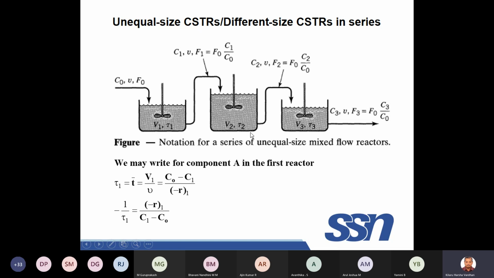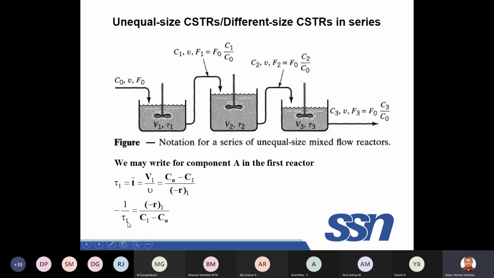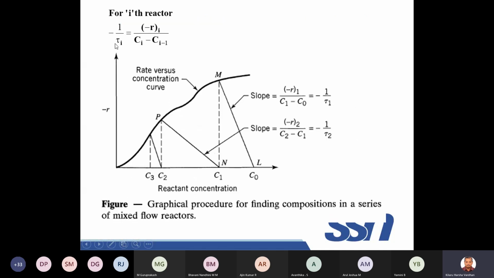Like that you do a material balance for the second reactor and the third reactor. For the ith reactor, since we wrote it here for tau 1, the same holds for all the reactors. Therefore, we can generalize for the ith reactor: minus 1 by tau i is minus Ri divided by Ci minus Ci minus 1.